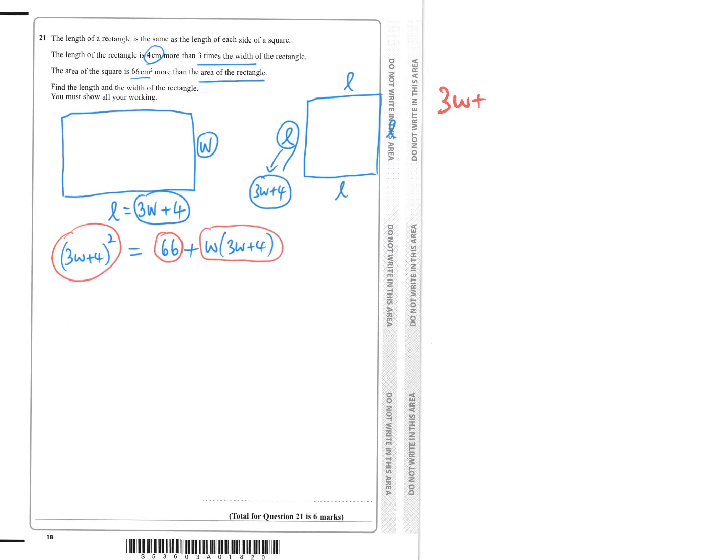So we've got 3w plus 4 all squared is 66 plus w lots of 3w plus 4. To square this out, we'll have 9w squared plus 12w times 2, because we've got the bits in between.